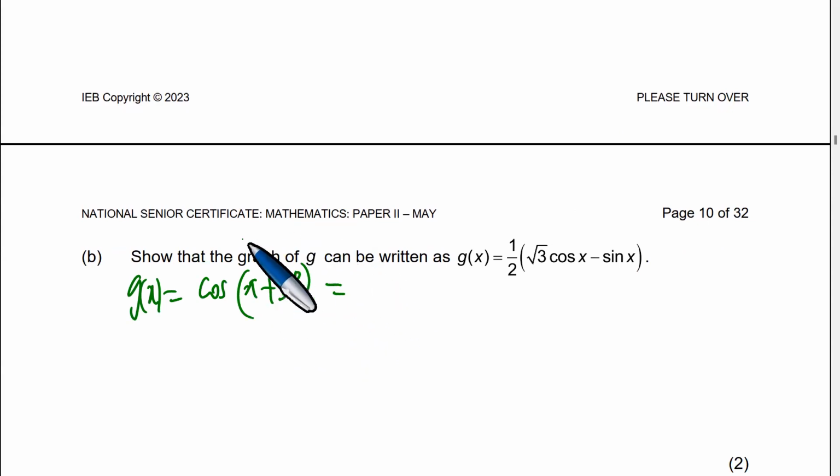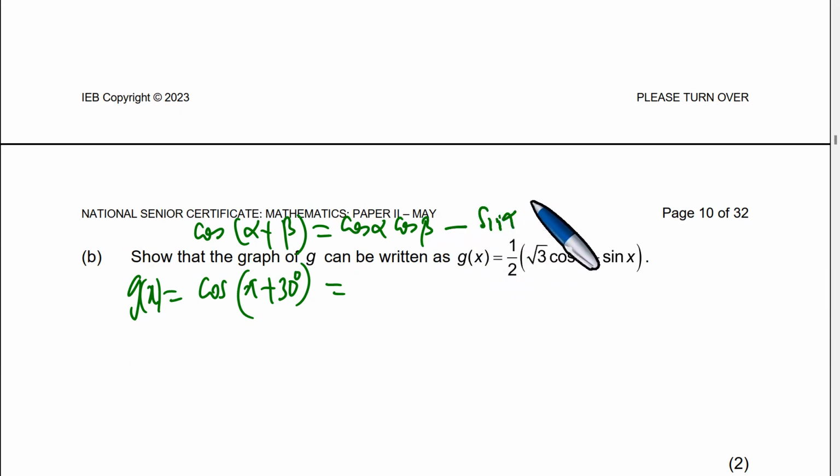So this one uses X plus 30, so it is cosine of alpha plus beta. This is the formula, which is cosine alpha cosine beta, and then minus sine alpha sine beta. So for the cosine is plus, then it becomes minus. In which case here, you're going to have cosine x cosine 30, minus sine x sine 30.